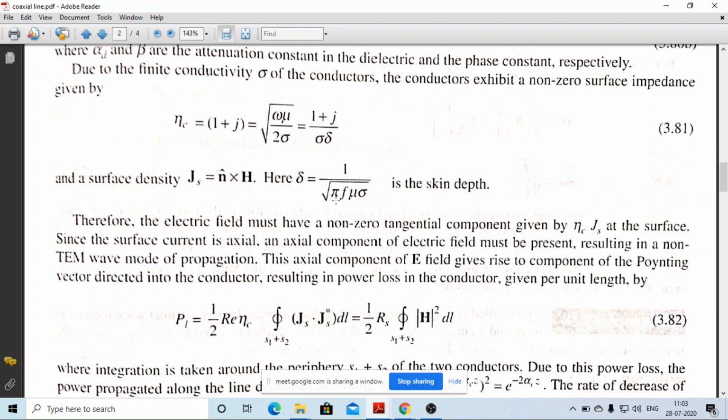Remember one thing: suppose I say it may be derived in the EMW subject, or it is given in the EMW subject. You may feel that I say it may be covered in EMW, and the EMW teacher says it may be covered in the microwave engineering subject.